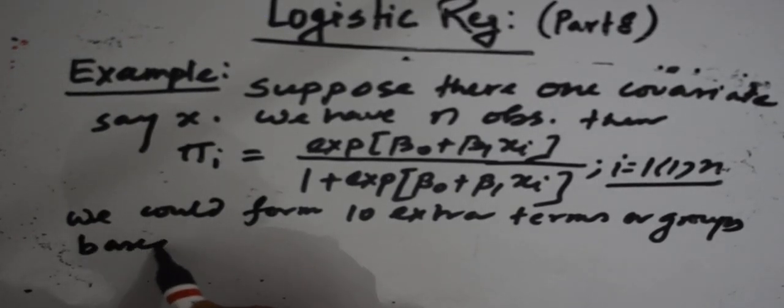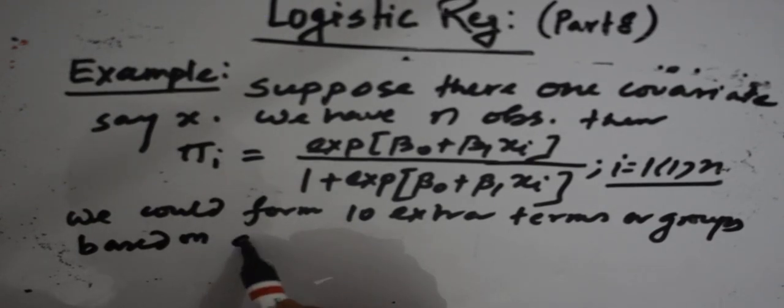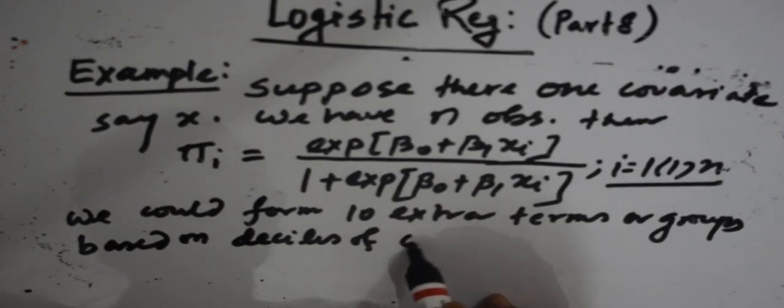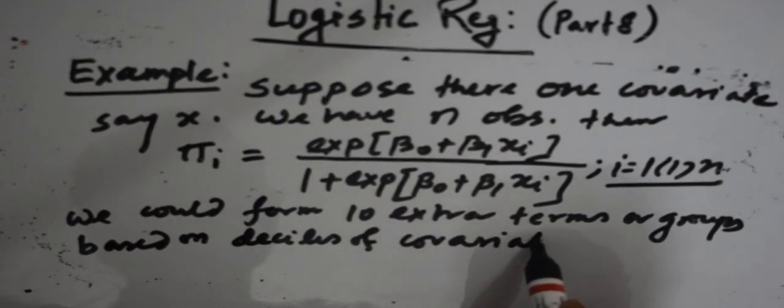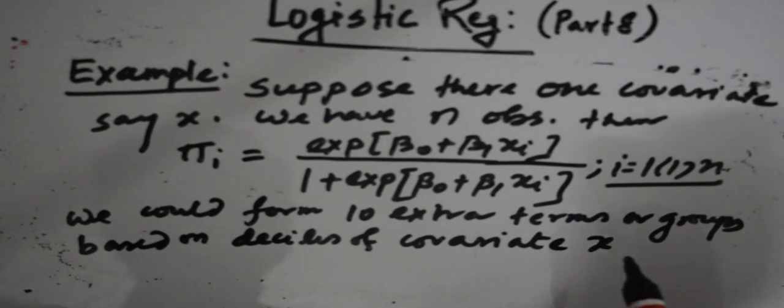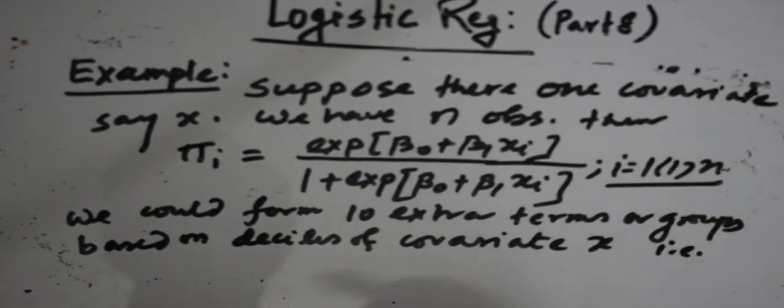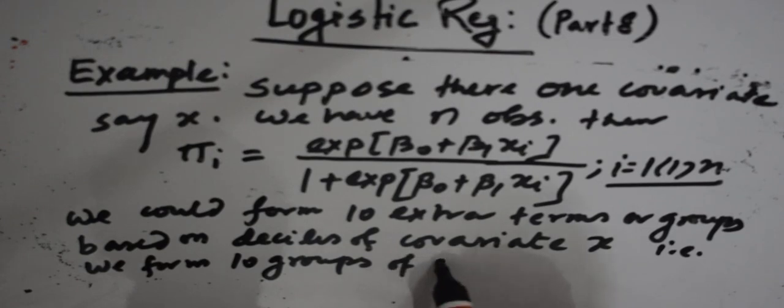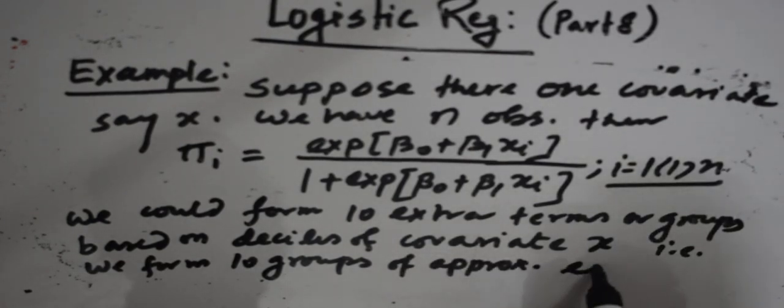That is, we form 10 groups of approximately equal size.